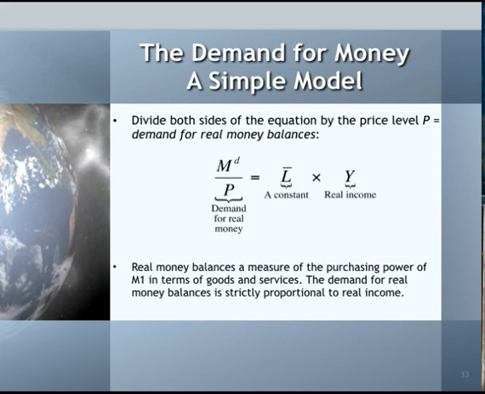And this is going to be a measure of the purchasing power of M1 in terms of goods and services. So now that I have money on one side of the equation, real money specifically, and I have real income on the other side, think of GDP, well, this should give me some idea of the demand for real money balances being strictly at some proportion, L, to the real income in the nation.